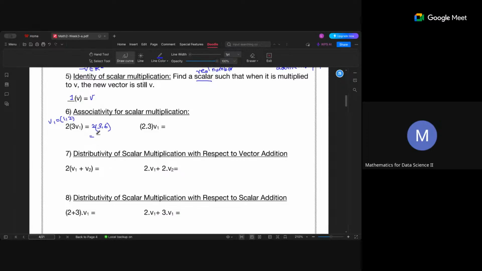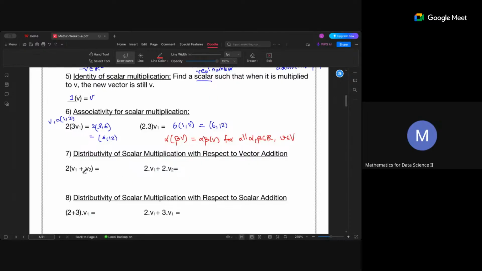Now when you do twice of this, you will get 6, 12. Now here you are first doing the scalar multiplication and then multiplying with the vector. Again you will get 6, 12. So in general, the property here is that alpha times beta v is the same as alpha beta times v, for all alpha, beta in R, v in V.